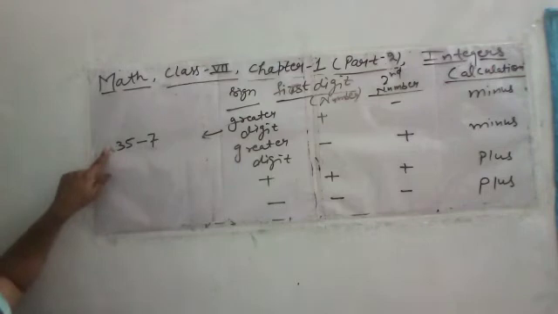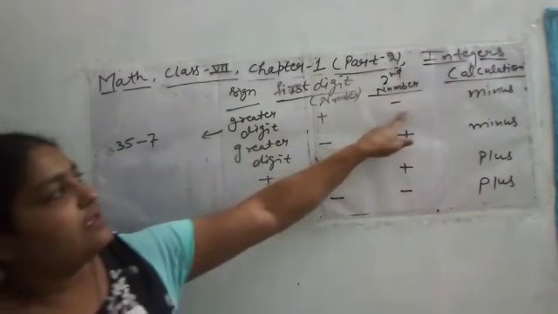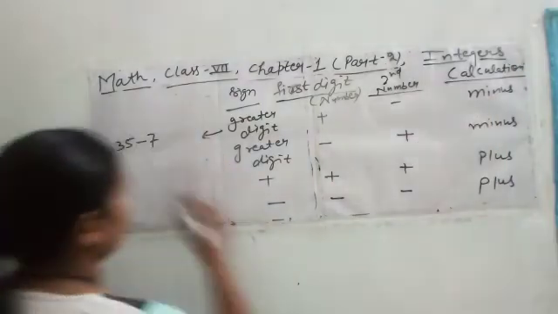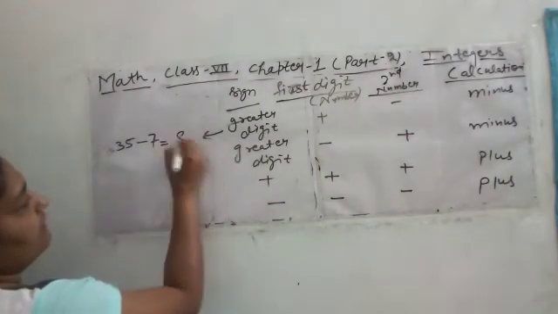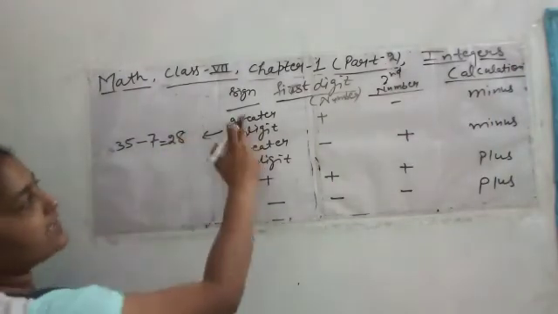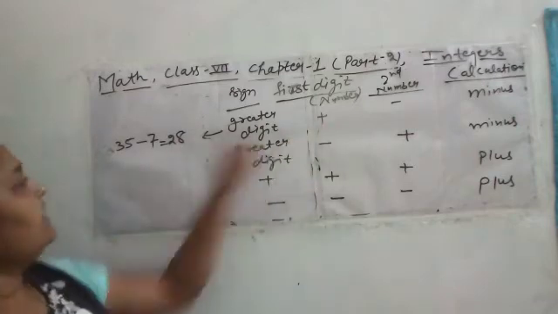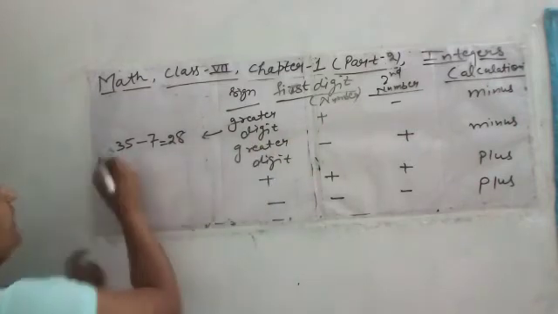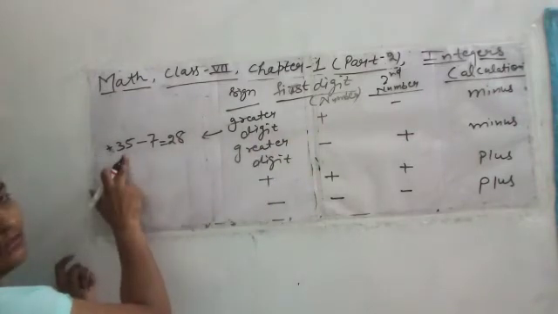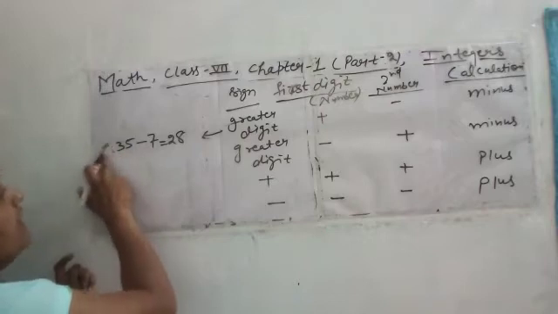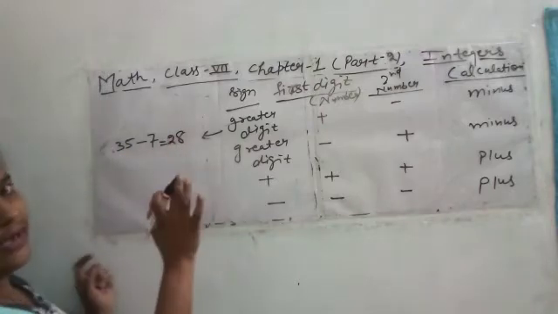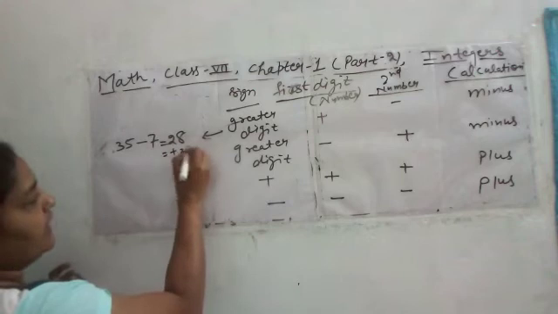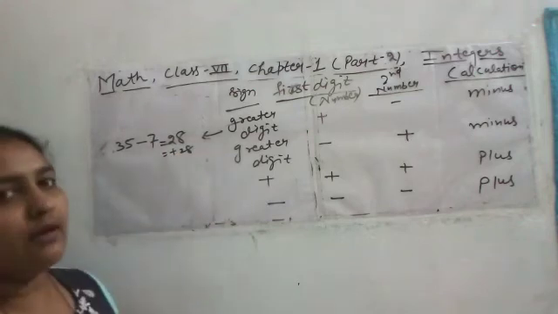You can apply it also, it will not be wrong. 35, the second number is minus, so the calculation will be minus. Do it: minus 28, and the sign will be of the greater digit. The greater digit here is 35, which is plus, so the sign is plus. You can apply plus here or not. You can write plus 28 or 28. Both will be right.